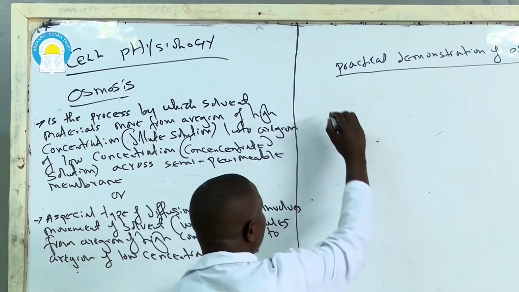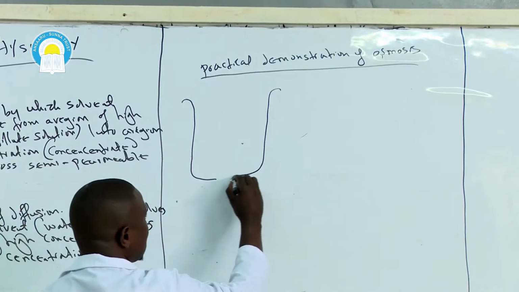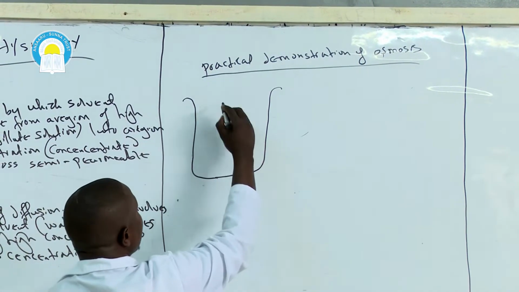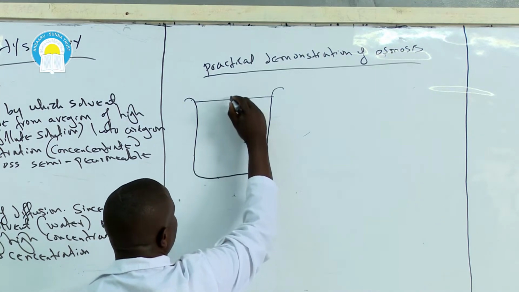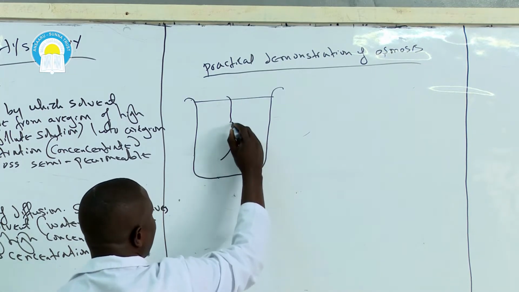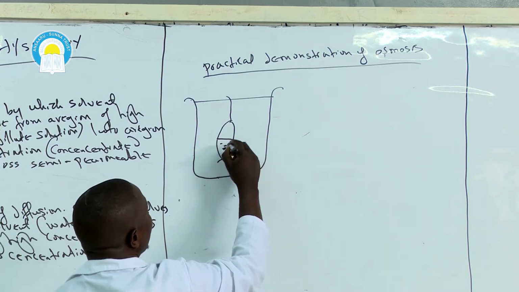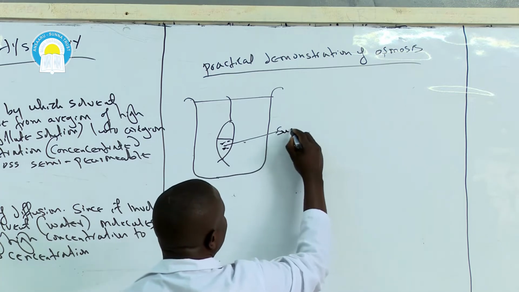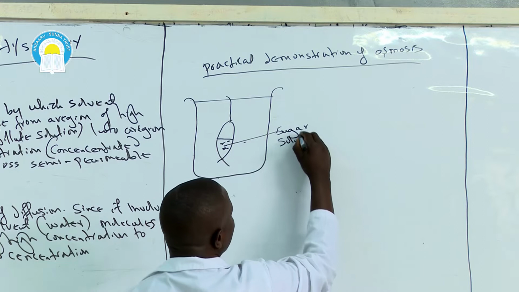So in our beaker there is visking tubing, and inside the visking tubing we add sugar. It has a sugar solution.